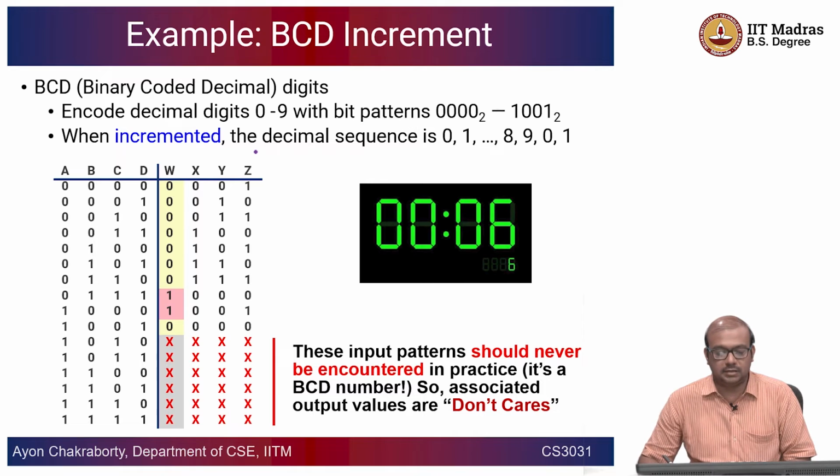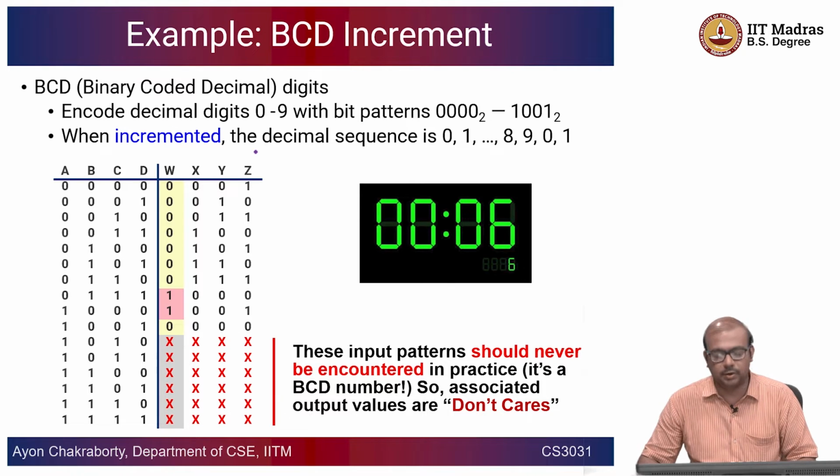I will give you one more example, which is called BCD increment. BCD stands for binary coded decimal digits. If you have 0 to 9, you have to increment them. If there is a circuit that is going to increment that particular value, 0 is going to be incremented to 1.